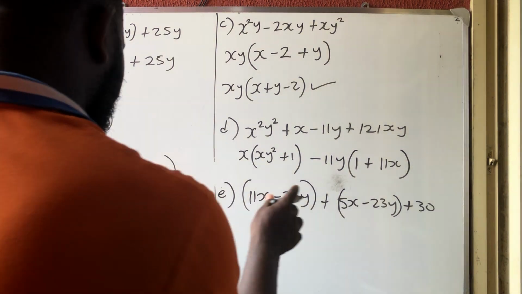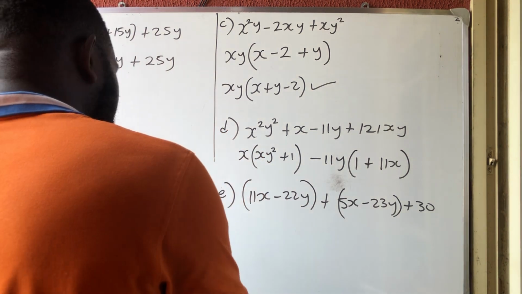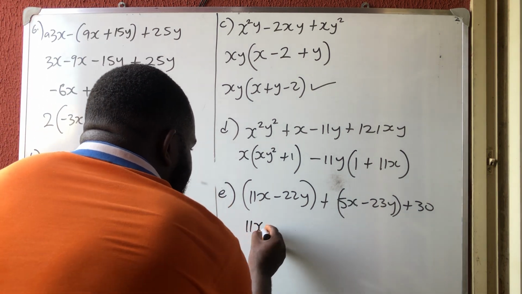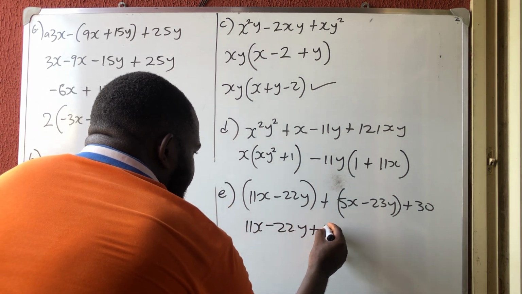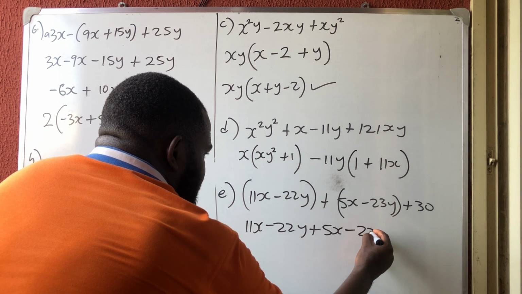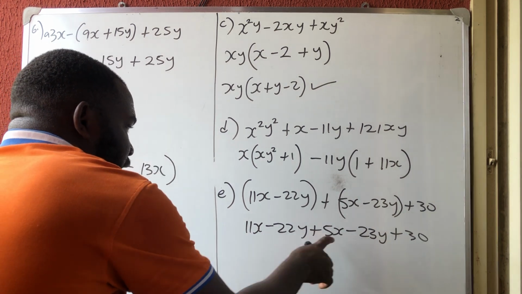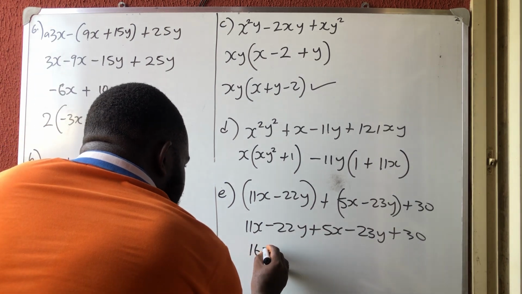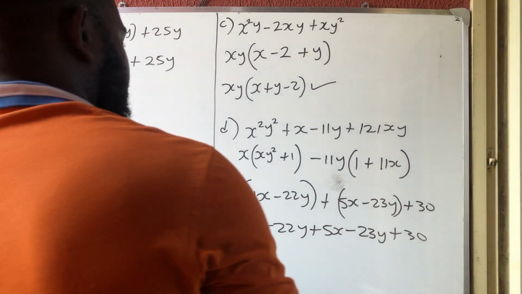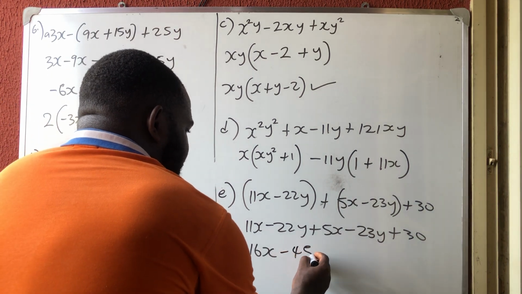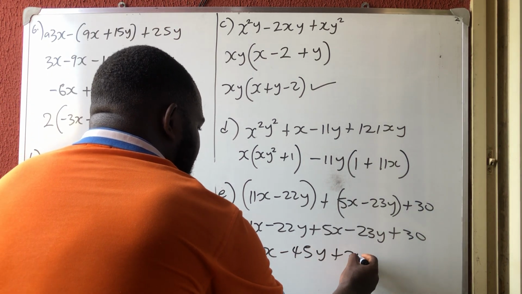Before that, let us clear and then add everybody, then we know what we can do. So I have 11x minus 22y plus 5x minus 23y plus 30. So 11x plus 5x will give me 16x. Okay, so minus 22 minus 23 will give me minus 45y, then plus 30.